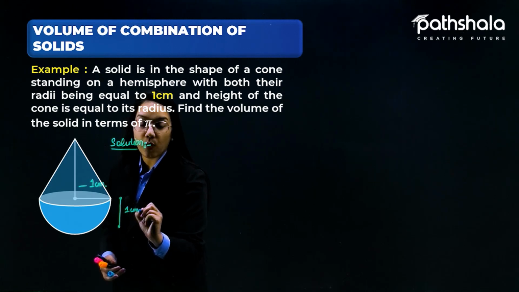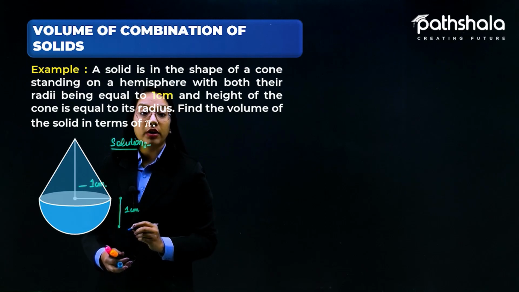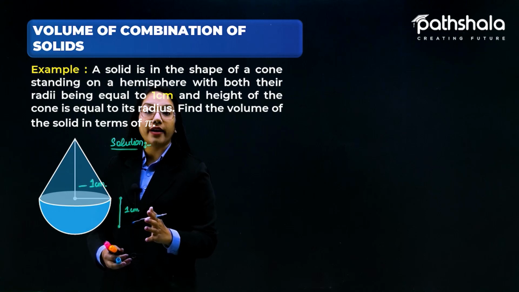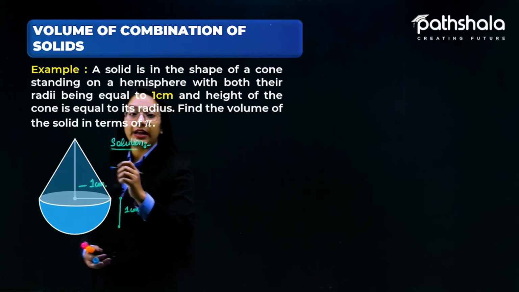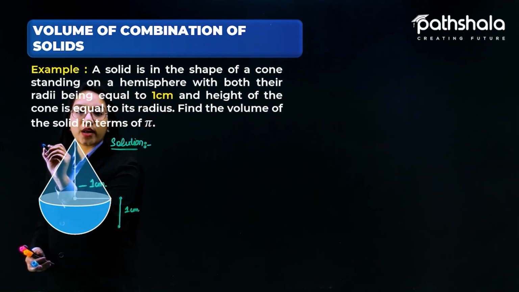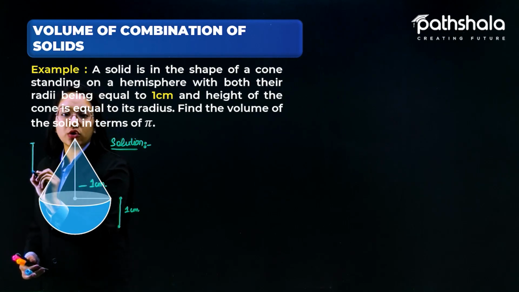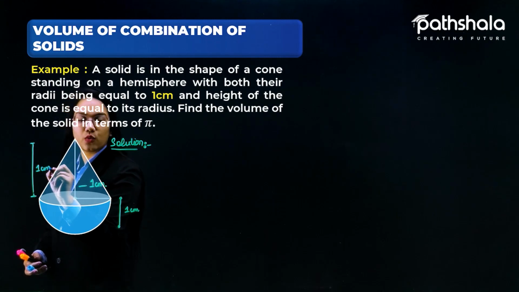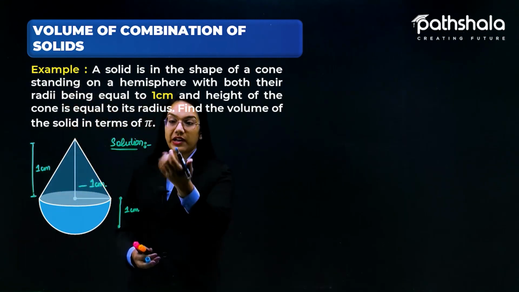Its height is again 1 centimeter, and further we know that the height of the cone is the same as the radius. What does it mean? It means that its height is also 1 centimeter. This height is also 1 centimeter. So let's write it over here.